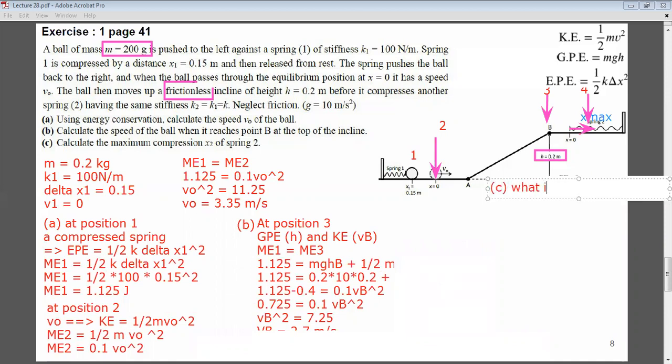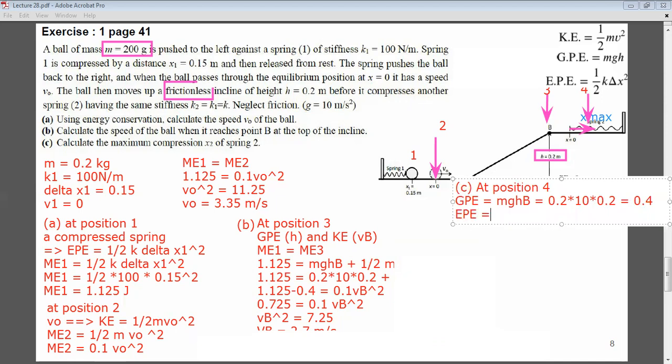Okay, at position 4, what is the form of energy we have? First, it's at an altitude h. So there is GPE, which is mgh of B, which is the same altitude. So this is 0.2 times 10 times 0.2, which is 0.4. This is first. What else do we have at position 4? There is a spring which is compressed.